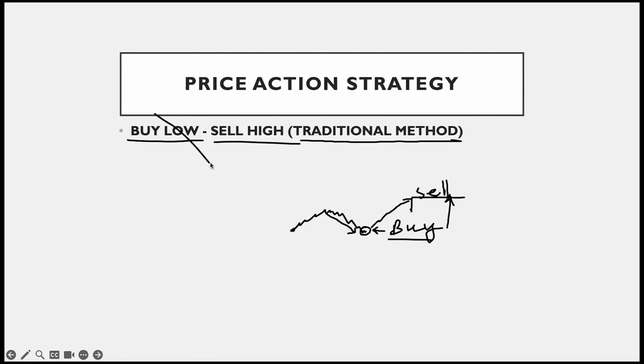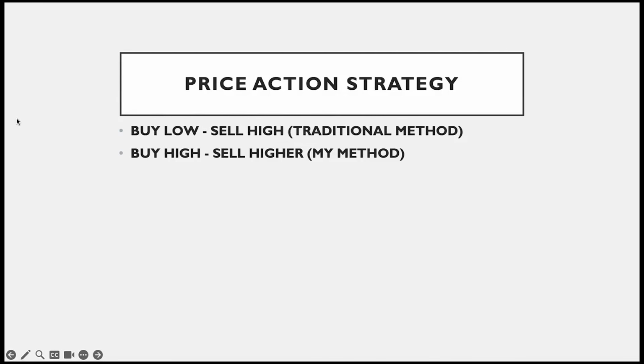But I don't follow this method. I don't buy low and sell high. I don't follow this traditional method. What I follow is buy high, sell higher. That is my method while selecting stocks. Suppose the stock is trading here and it starts going up and then it goes down, I will not buy here.